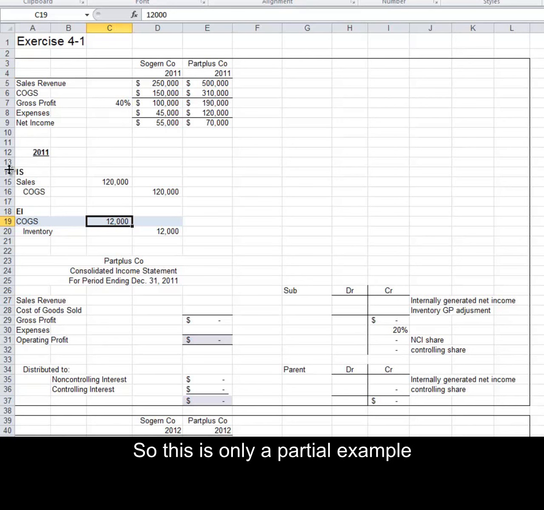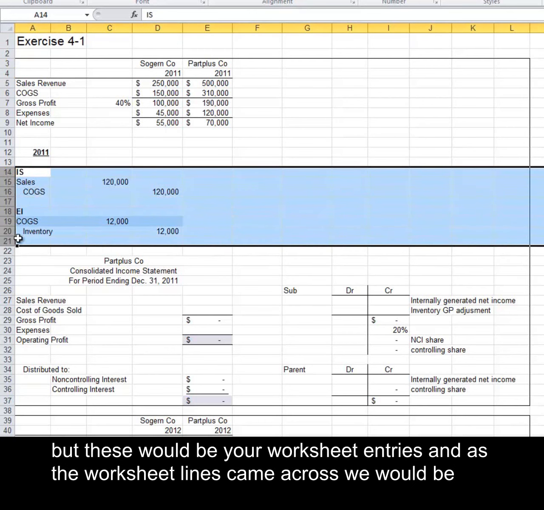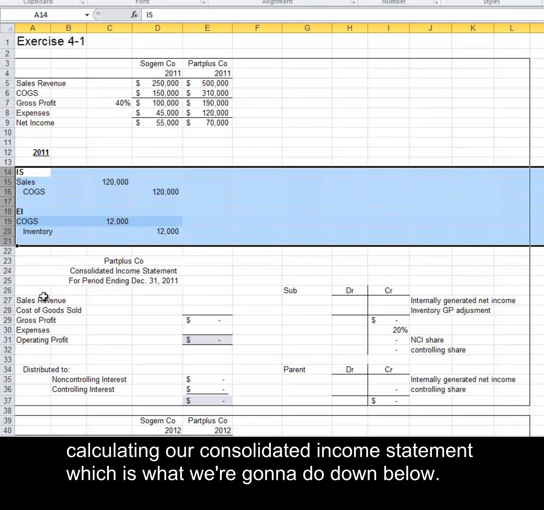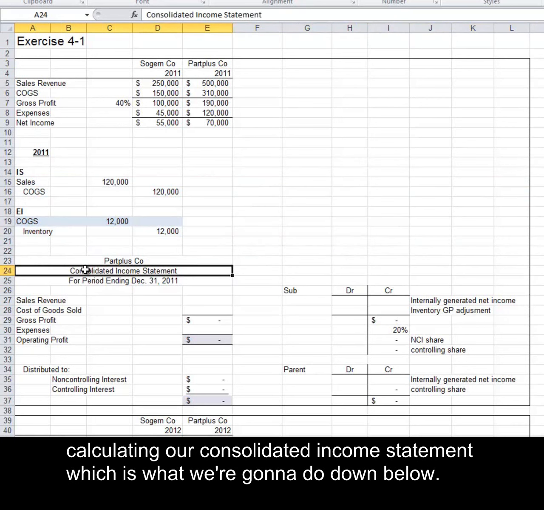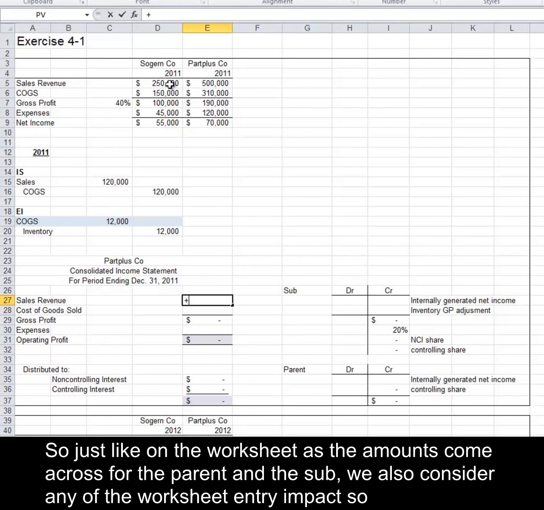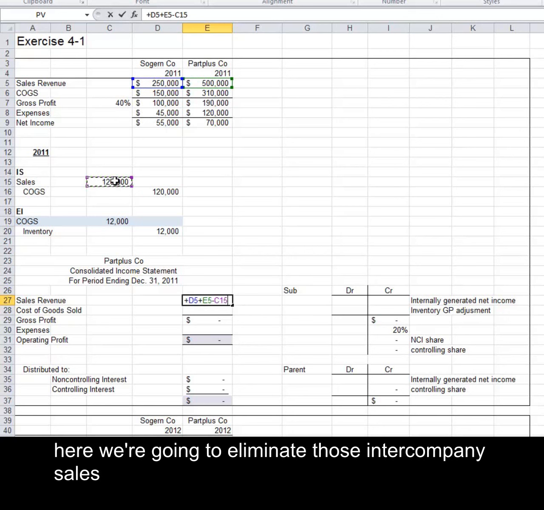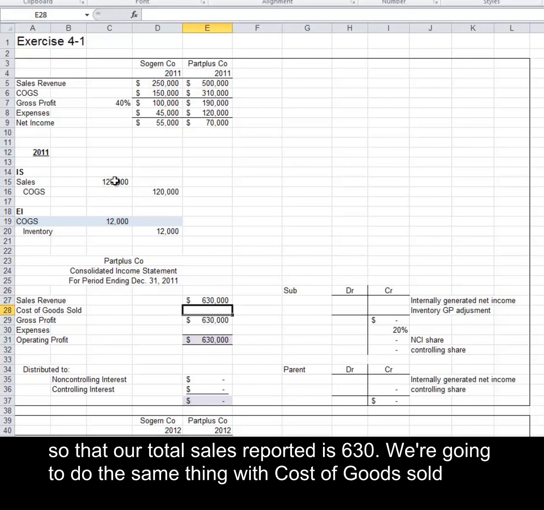So this is only a partial example, but these would be your worksheet entries, and as the worksheet lines came across, we would be calculating our consolidated income statement, which is what we're going to do down below. So just like on the worksheet, as the amounts come across for the parent and the sub, we also consider any of the worksheet entry impact. So here we're going to eliminate those intercompany sales so that our total sales reported is 630.